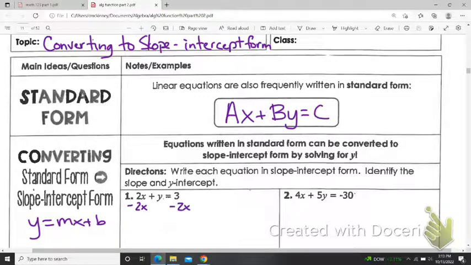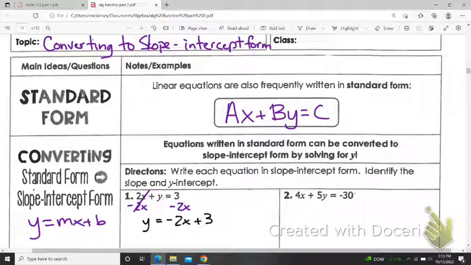I'm going to move the x to the other side, and when it crosses the equal sign, it changes its sign. We do want to put the negative 2x next to the equal sign because we want to be able to see our slope right next to it.